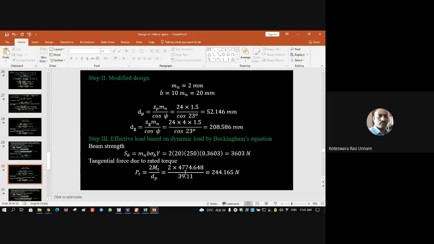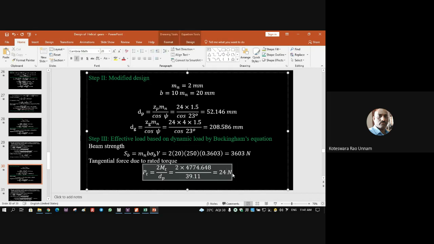4774.648 into 2 divided by 52.146. That is not 244; it is 183.126.